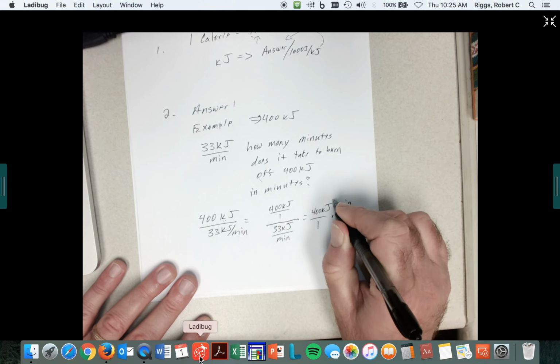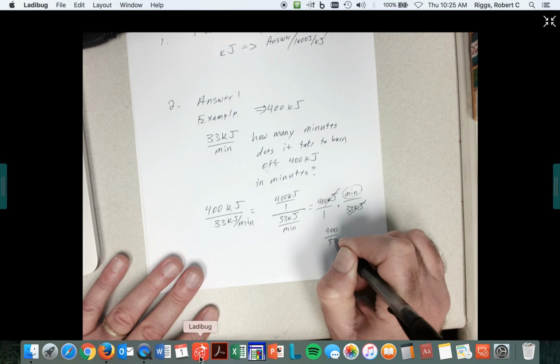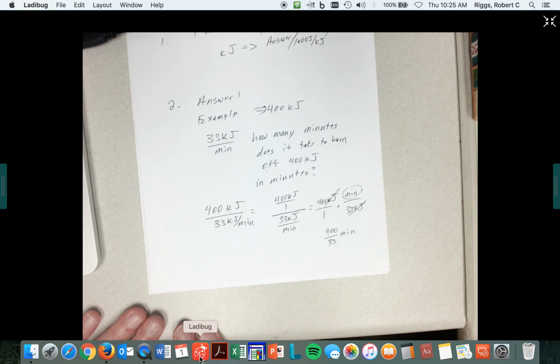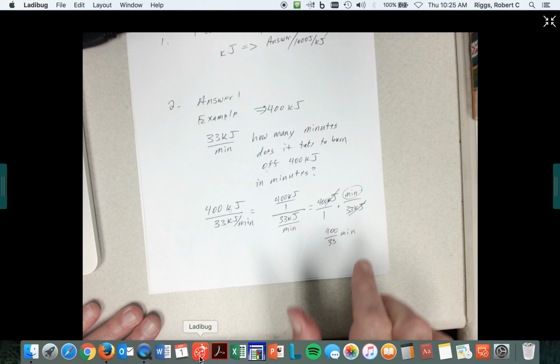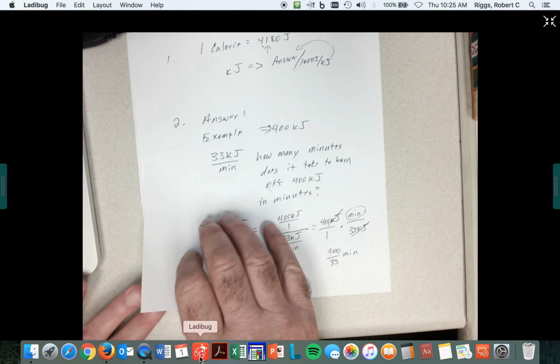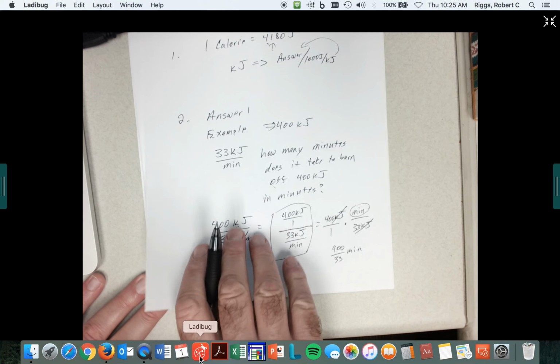Aha! My kilojoules cancel, and I'm left with minutes. So I still have 400 divided by 33 minutes. That's the way a lot of these conversions and calculations work. It's this principle right here.